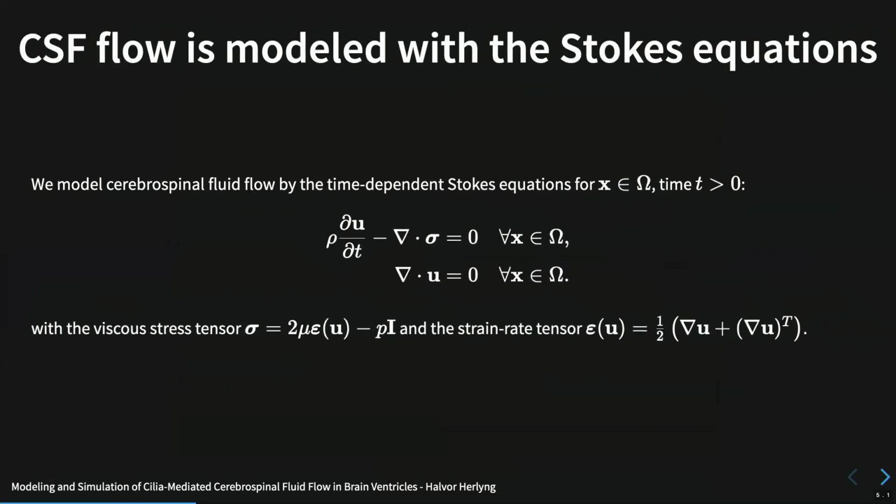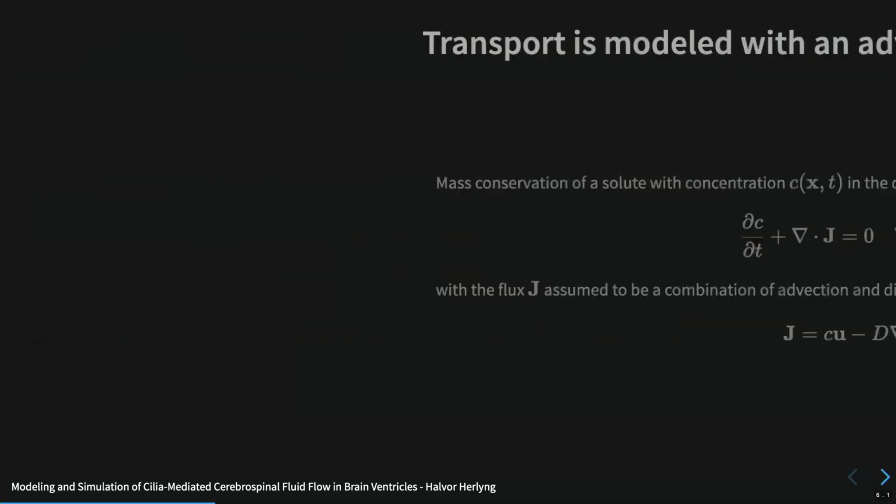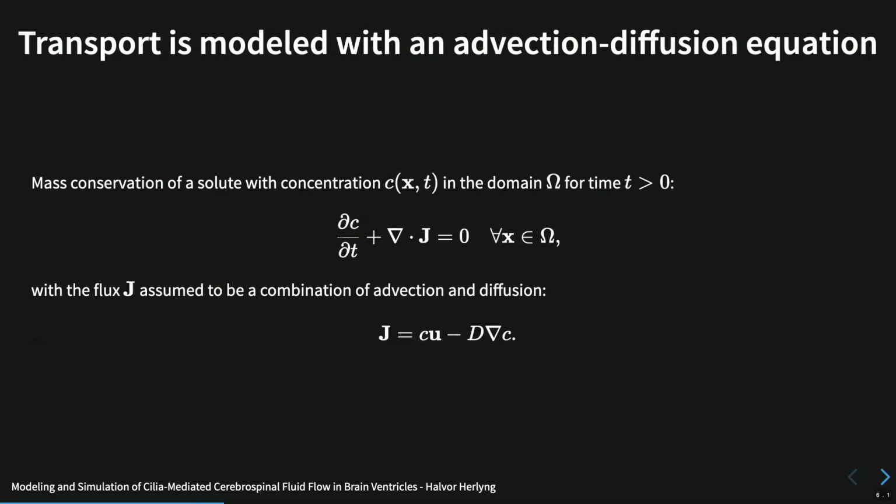And then to model the flow of the cerebrospinal fluid, we used the time-dependent Stokes equations, justified by the very small length scale of these ventricles. It's about hundreds of microns in size. And then we couple this flow to an advection-diffusion equation, where the flux is the advective flux from the cerebrospinal fluid and a diffusive flux.